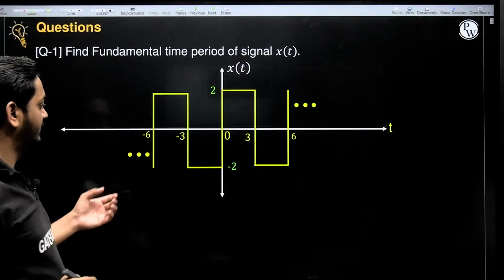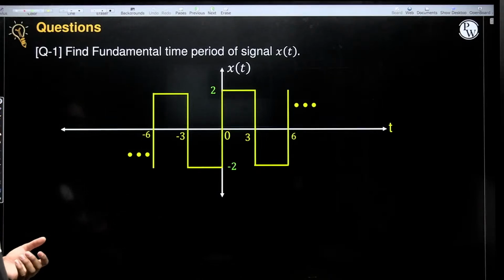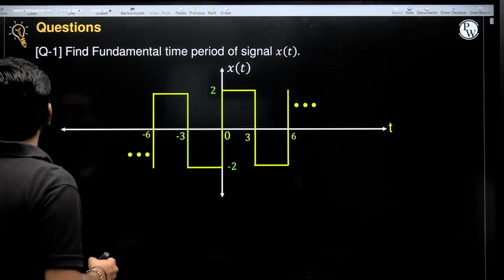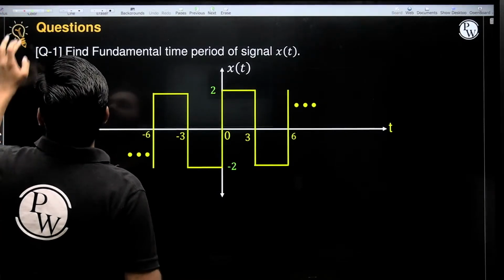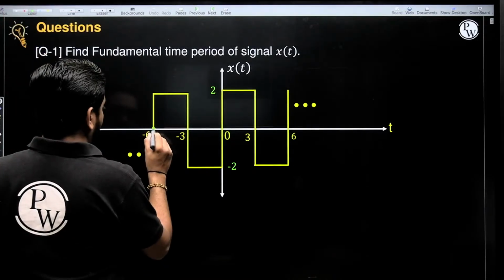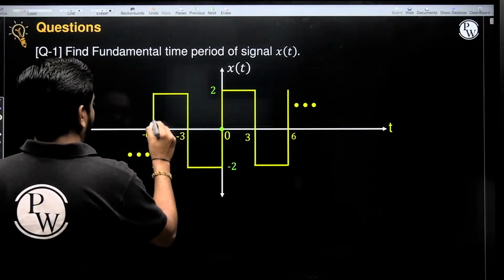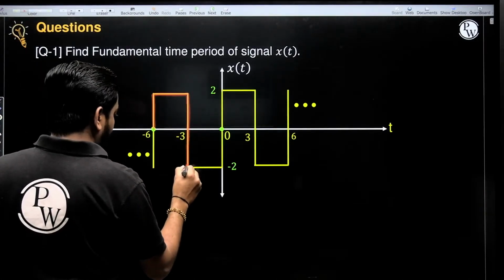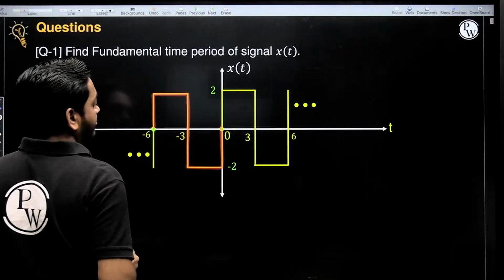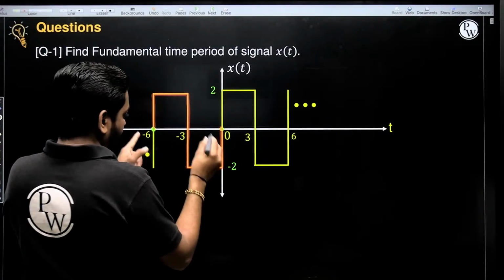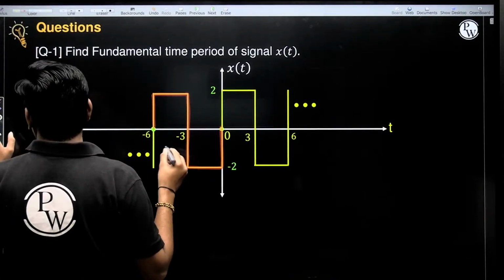So this is a periodic signal. See how to find the fundamental time period. This is the first cycle. So time period for one cycle, and this pattern is repeating, guys.